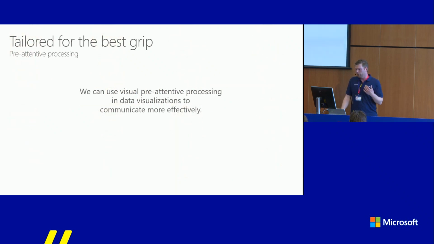So it's already processed. Use it to communicate in a better way. It's actually the groundwork of all this data storytelling. Focus the right attention and use the pre-attentive processing in a good way.